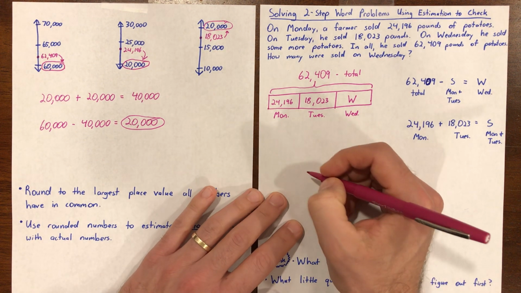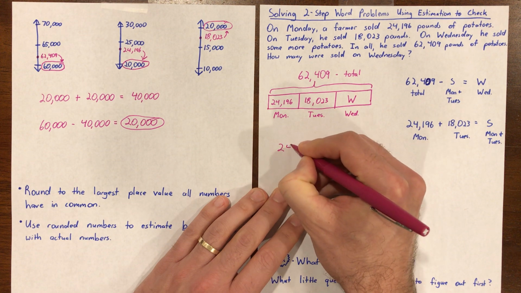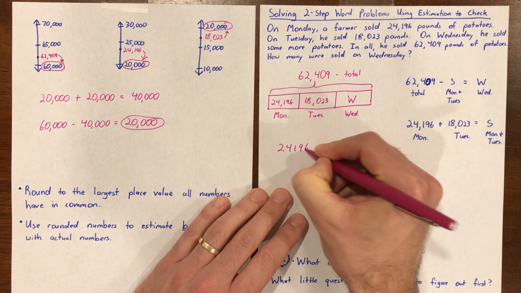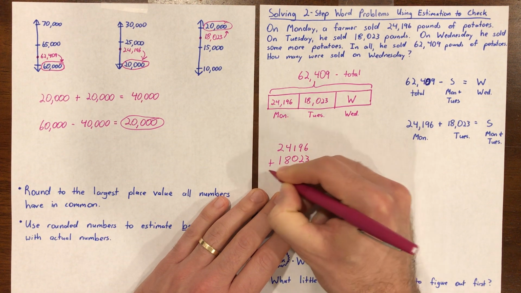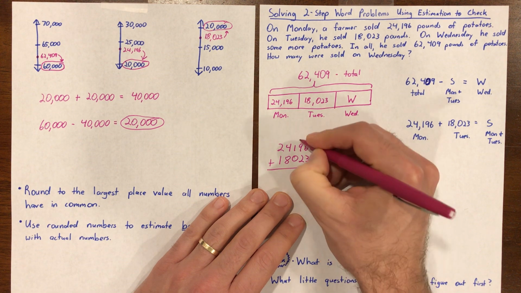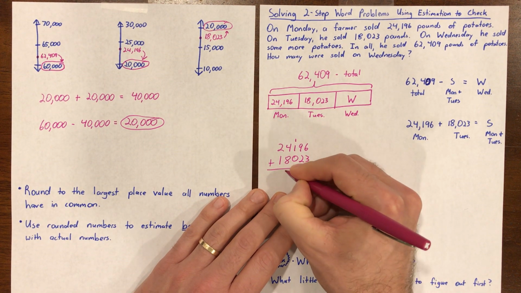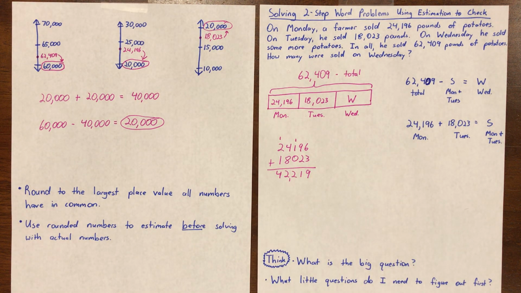Right. First, I need to find out how many potatoes were sold on Monday and Tuesday together. So I'm going to just use our standard algorithm. 6 and 3, 9. 9 and 2 is 11. 2, 12, 1. Great, 42,219.